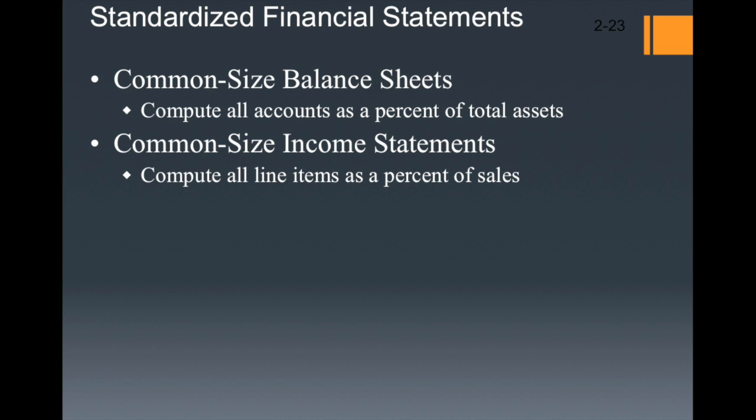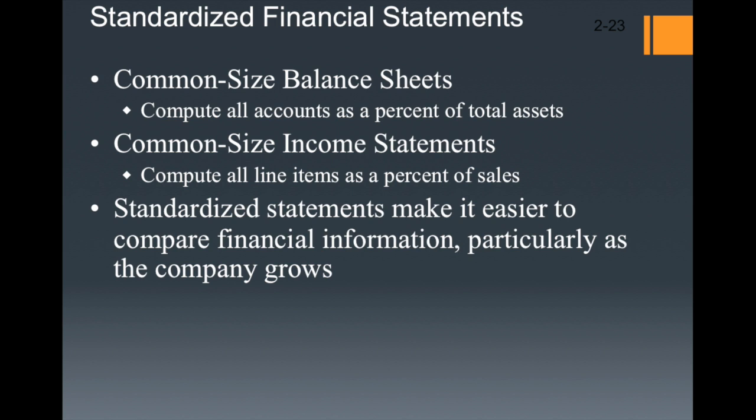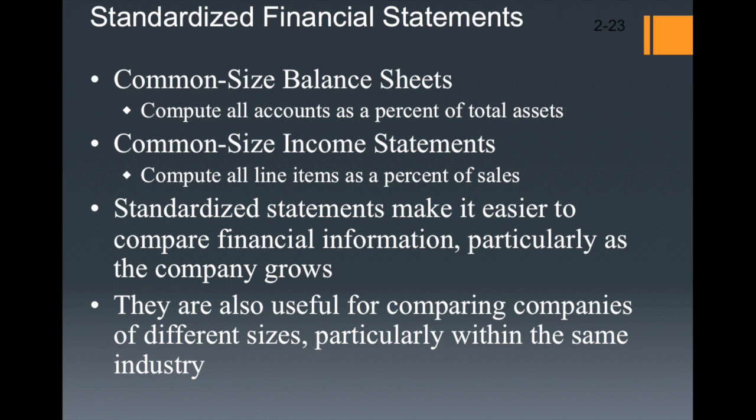We're actually going to do everything as a percent of sales. If you consider that assets are a percent of sales, well, then the entire balance sheet is a percent of sales as well. This is going to make it easier for us to compare financial information, see how the company is doing year over year. You will be analyzing your company, doing a ratio analysis of your company, and having standardized statements is going to make that ratio analysis easier.